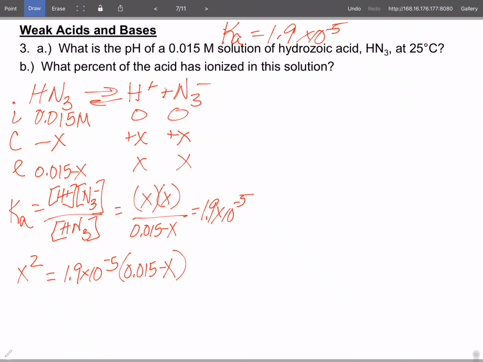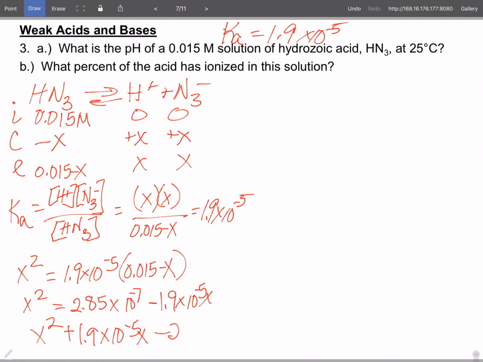So when we multiply it out, we get x squared is equal to 2.85 times 10 to the minus seventh minus 1.9 times 10 to the minus fifth x. So when we put them all together, x squared plus 1.9 times 10 to the minus fifth x minus 2.85 times 10 to the minus seventh is equal to 0.